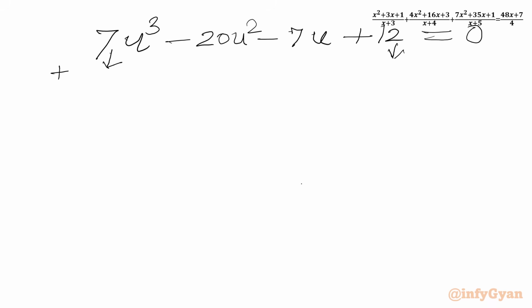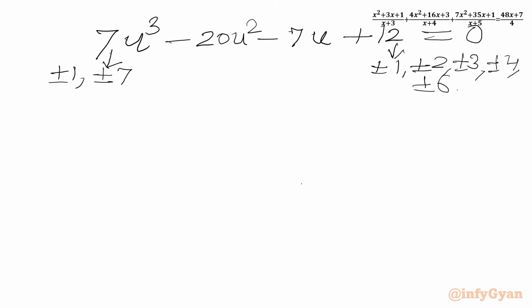So we can write here plus minus 1, plus minus 7, as 7 is a prime number. Here we'll be writing plus minus 1, plus minus 2, plus minus 3, plus minus 4, plus minus 6, plus minus 12.